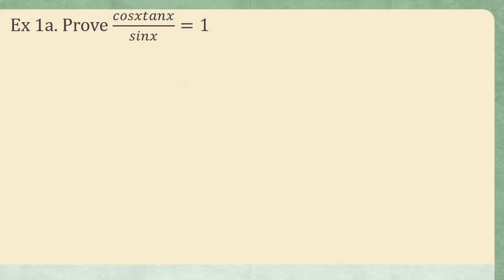So here we go, our first identity. We want to prove that that equals that. Again, nothing crosses the equal sign. We need to rearrange, manipulate, substitute to make one side look like the other side. And so you know, there are an infinite number of ways to get the left side to equal the right side.